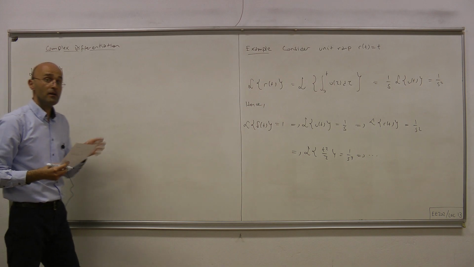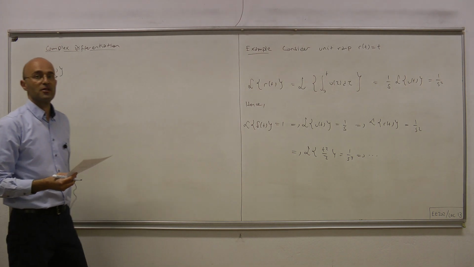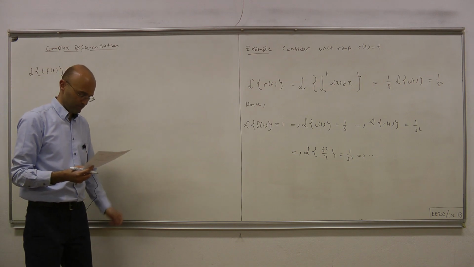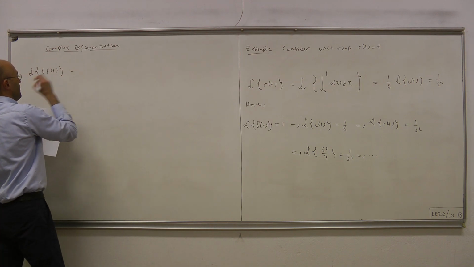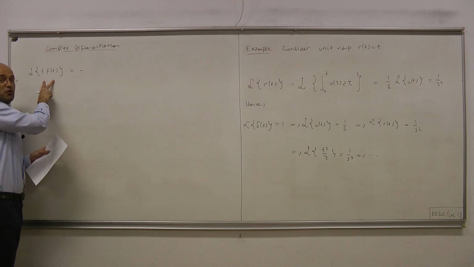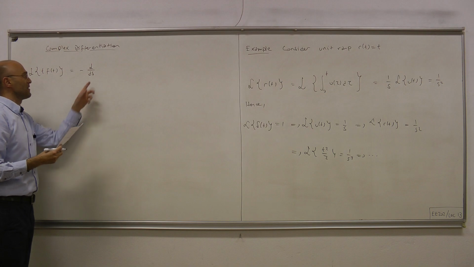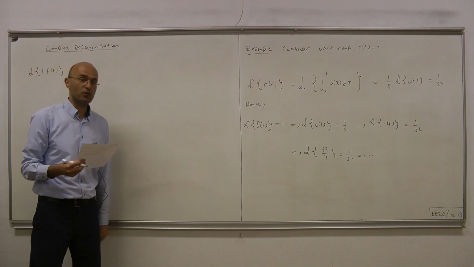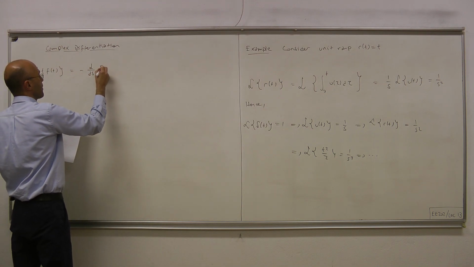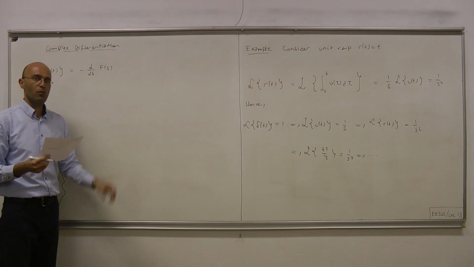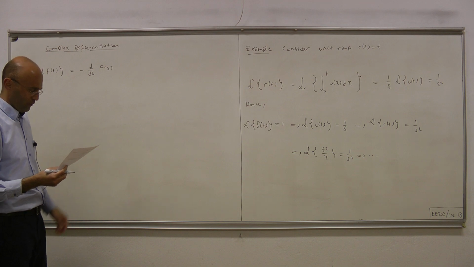If you have a signal, let's say f(t), for which you know the Laplace transform, then that signal multiplied by t has the Laplace transform that equals minus the derivative of F(s) with respect to s. And this directly follows from the definition. It's just a one-line proof.